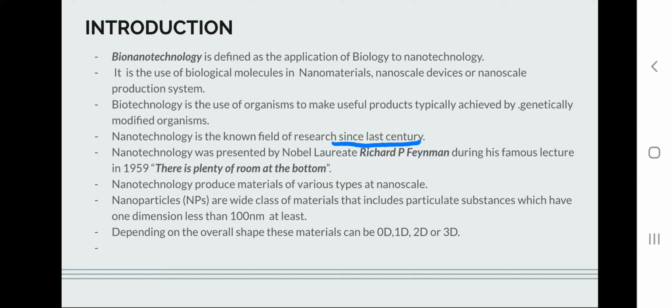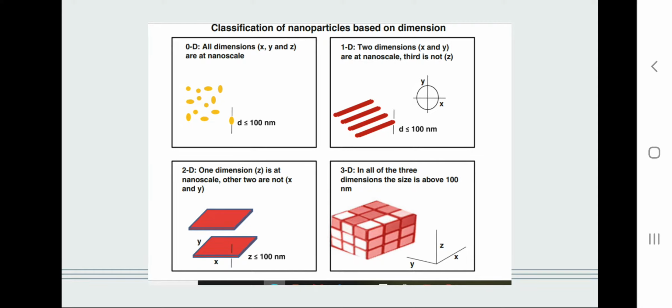Depending on the shape, these nanomaterials can be classified as 0 dimension, 1 dimension, 2 dimension or 3 dimension. Let us see what these different dimensions are. In 0 dimension, all the axes, that is x, y and z, are at nanoscale, whereas in 1 dimension, two of the dimensions, that is x and y, are in nanoscale, and the third one is not.